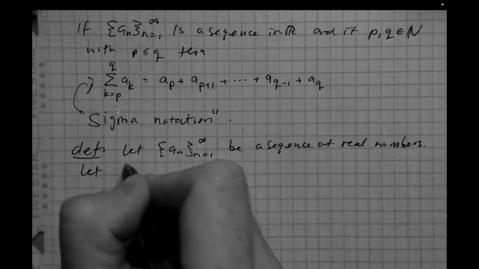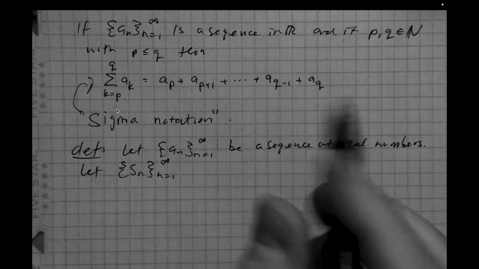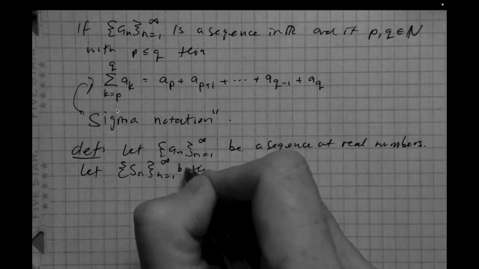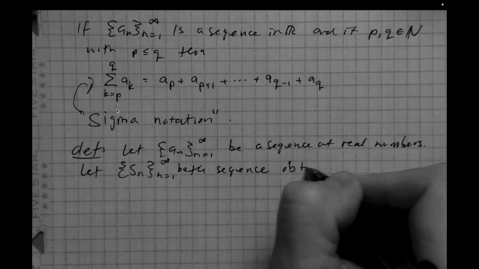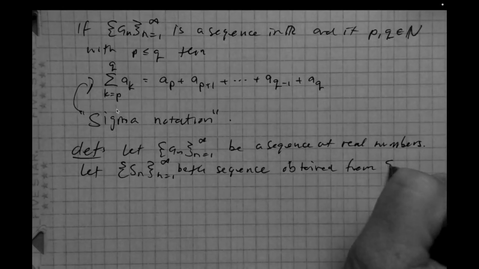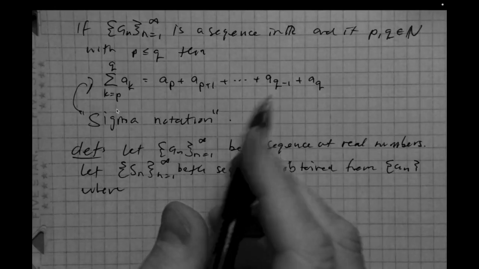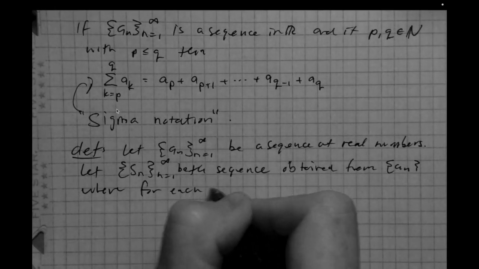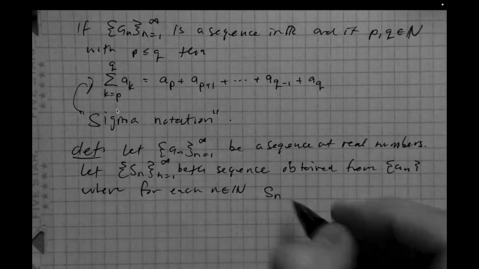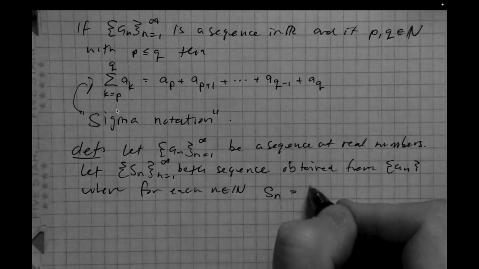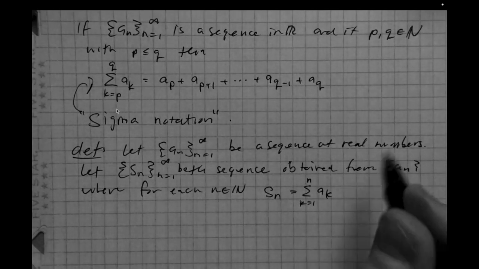And we'll let s sub n from n equals 1 up to infinity be the sequence obtained from a sub n, where for each natural number n, s sub n in this sequence is defined as the sum from k equals 1 up to n of a sub k.